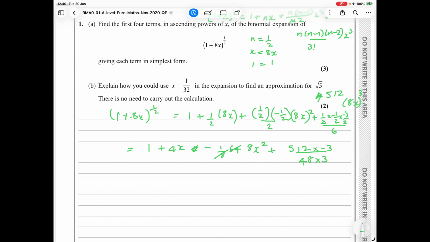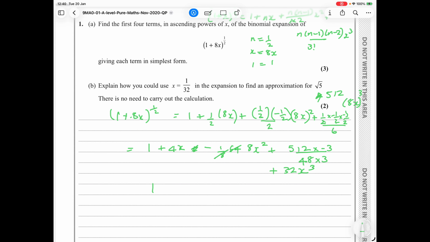I've just lost count, so 512 times 3 divided by 48 is 32. So that's going to be plus 32x cubed.